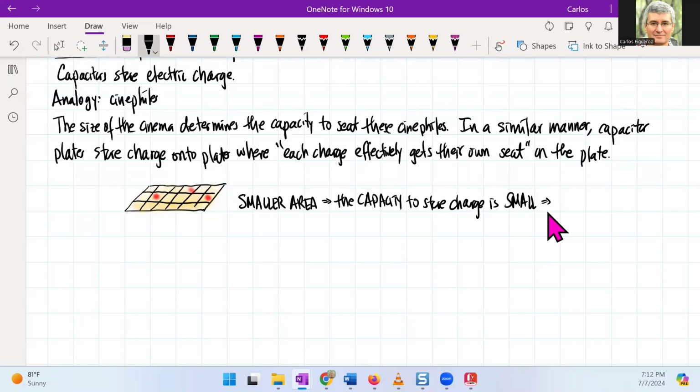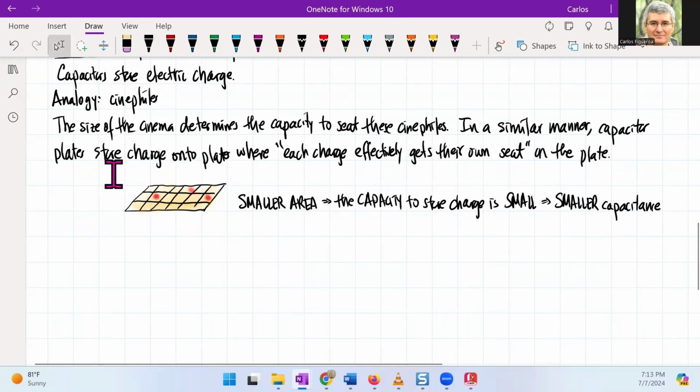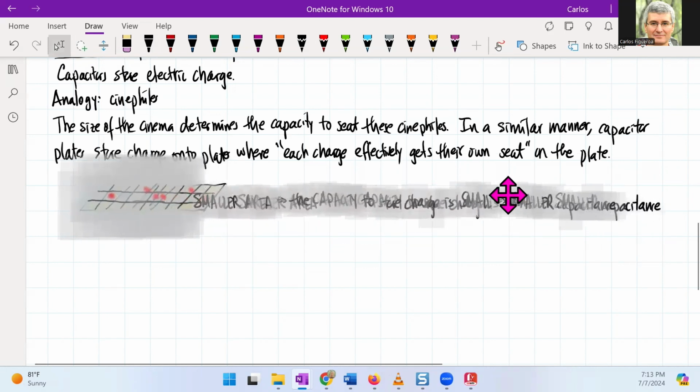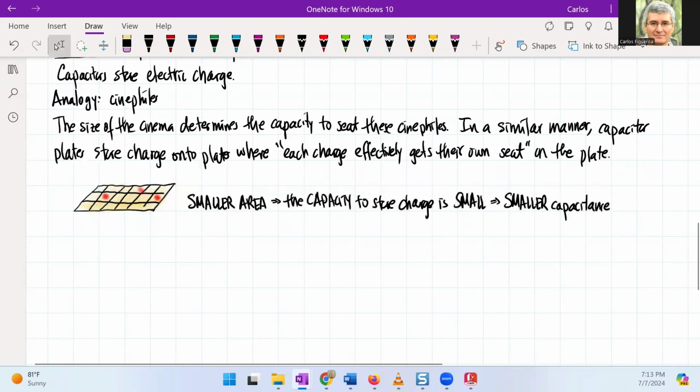Therefore, it has a smaller capacitance. And I think I'm going to move this further down. So what we're really saying here is that in this situation, the capacitance is small because the area where I'm storing the charges are small.